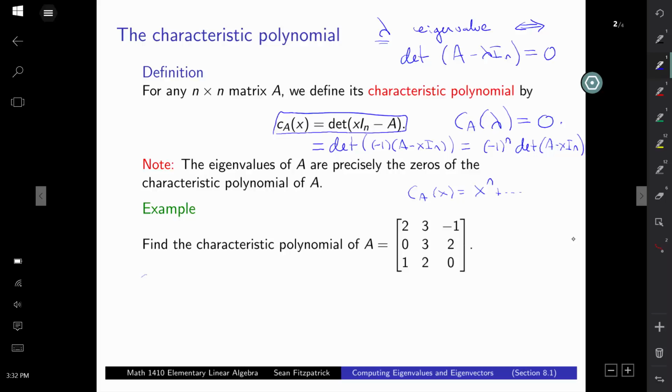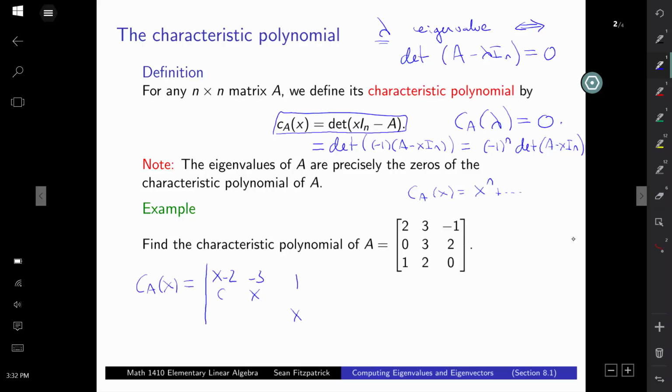So the characteristic polynomial is going to be this 3 by 3 determinant. I do x times the identity, so x is down the diagonal and 0 is everywhere else, but then I'm subtracting A, so I subtract off the entries of A. So minus 2, 0 minus minus 1 becomes plus 1, 0 minus 0 is still a 0.